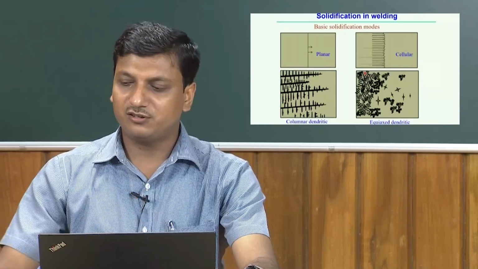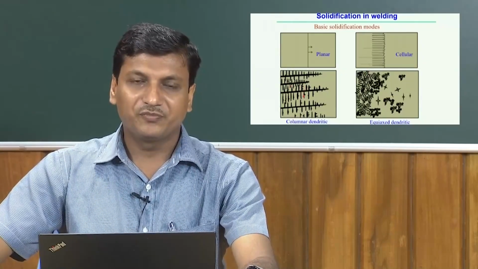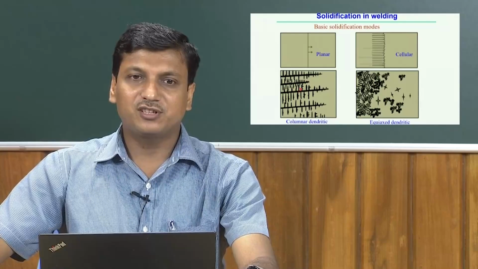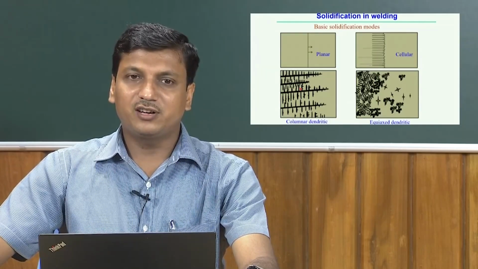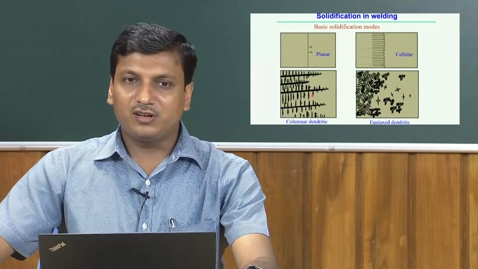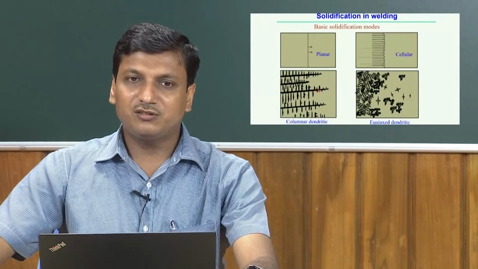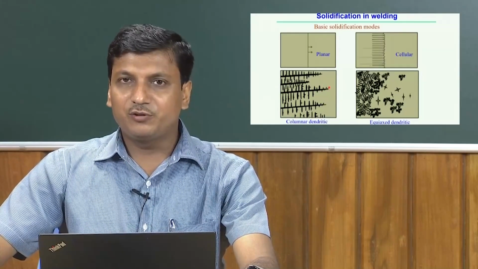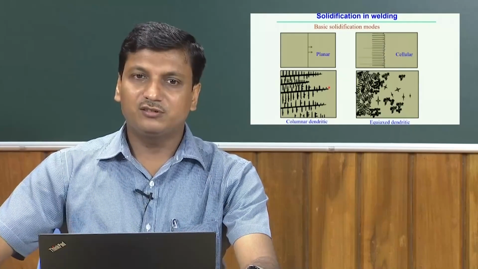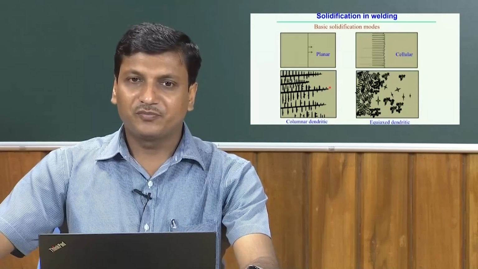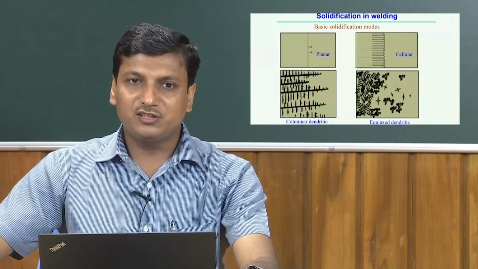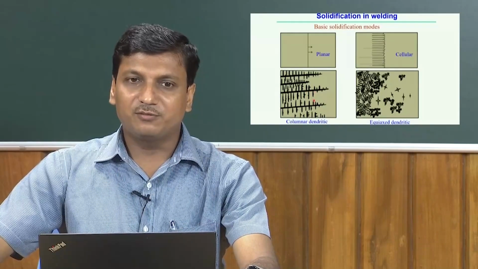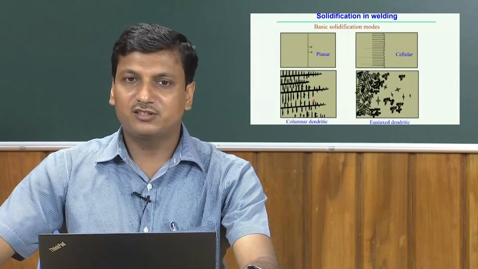So, it is obvious from the figure that this structure represents the columnar dendritic type structure, and that happens during the solidification from the liquid metal transformed to the solid phase. So, during that transformation it creates this kind of columnar dendritic structure.